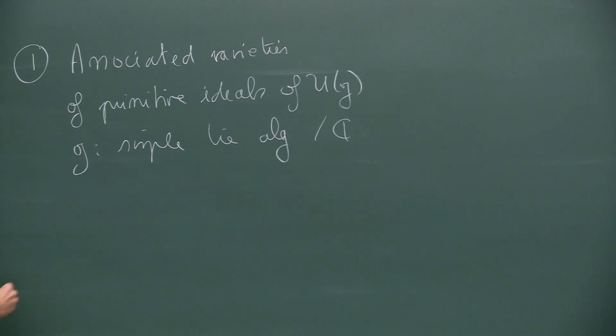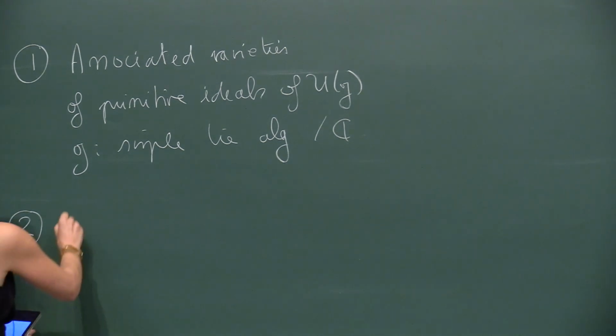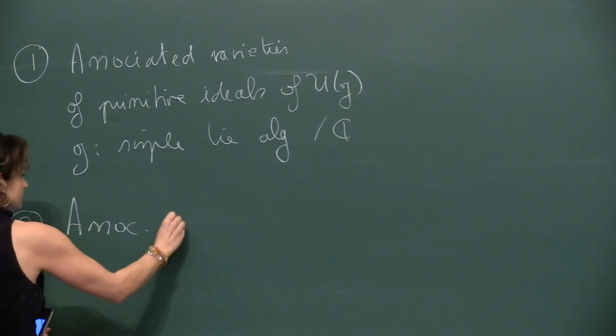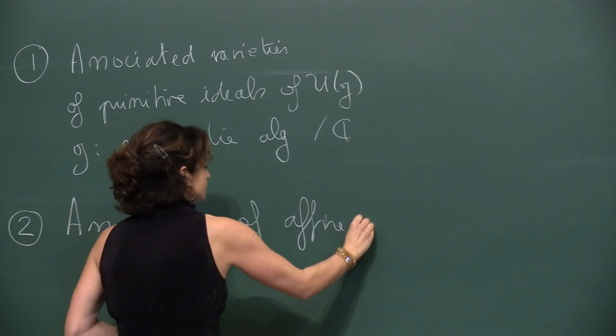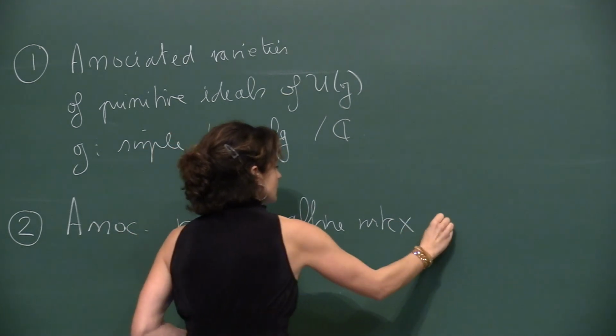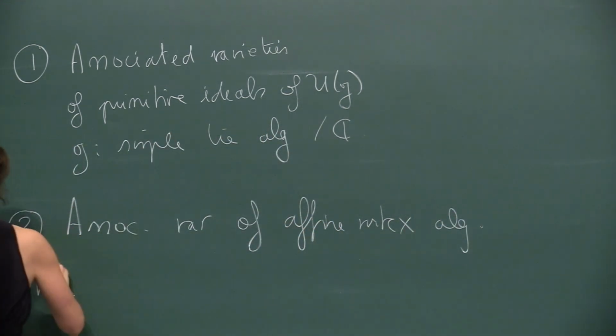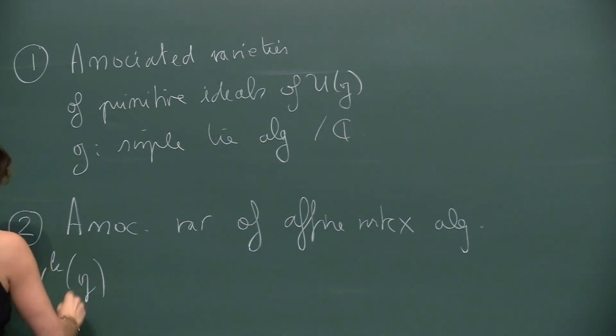And the second context is the context of associated varieties of affine vertex algebras, and more specifically at admissible level. So of affine vertex algebras, V^k(g). And here I assume admissible level.